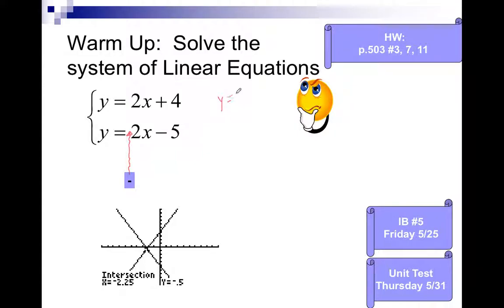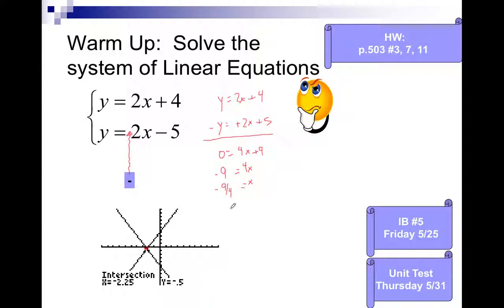You'd have y equals 2x plus 4, and you'd have y equals negative 2x minus 5, meaning I do have an intersection point, and to find it, I still negate everybody, add down, x equals negative 9/4, which of course is negative 2.25, right? Because that's negative 2 1/4.